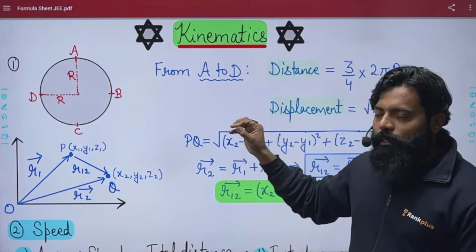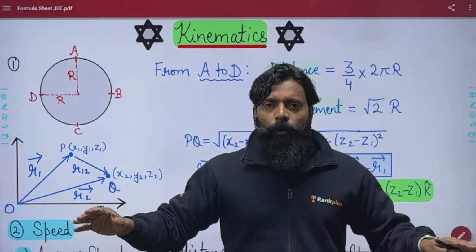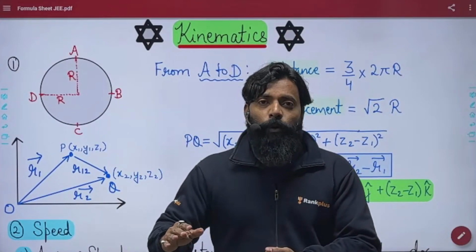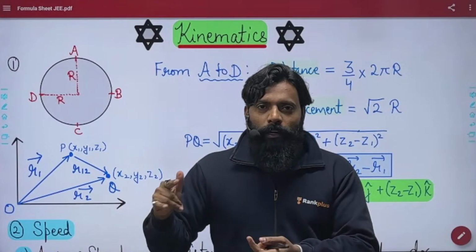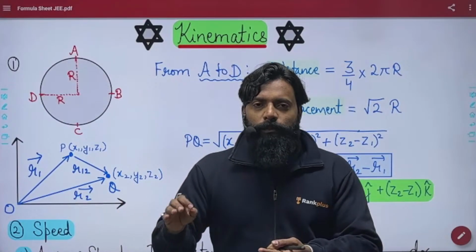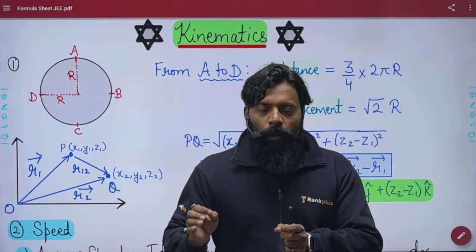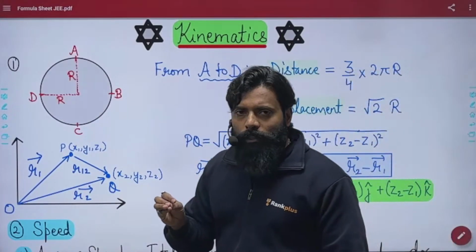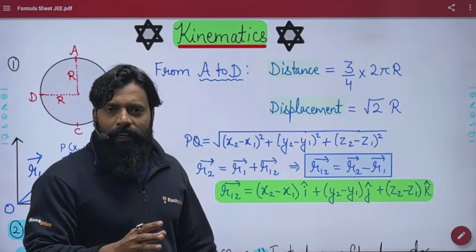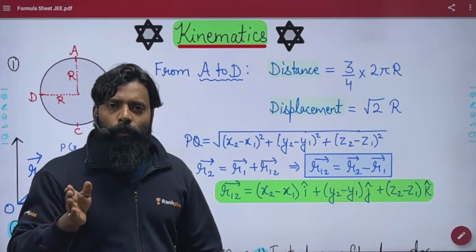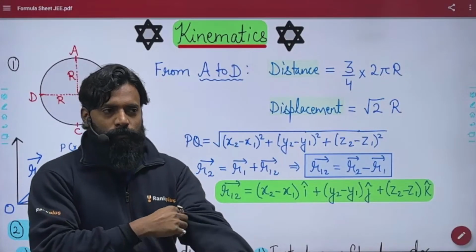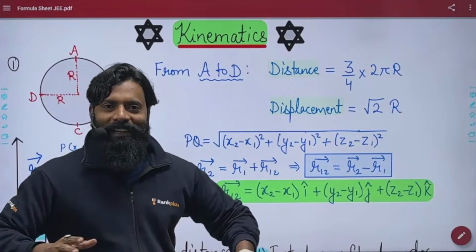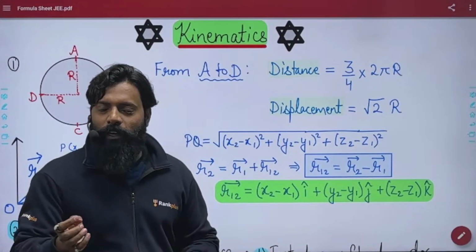You can compare this handbook with any edtech, with any publisher's book available online and offline, because I have taken all the previous year questions into consideration while making this formula sheet. This formula sheet is the ultimate thing you can have for your quick revision.